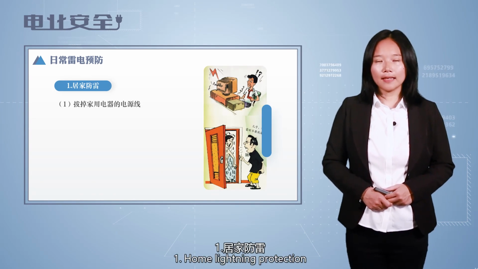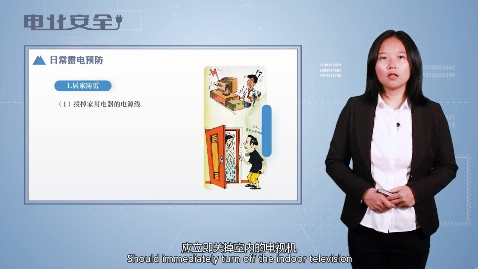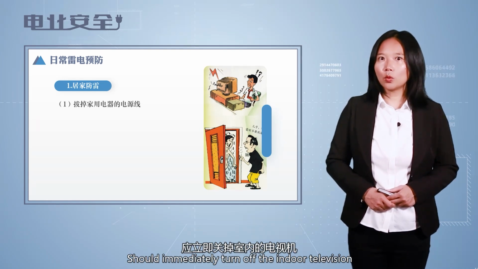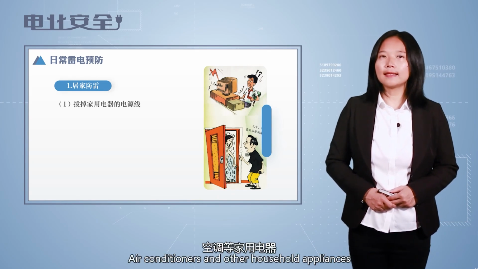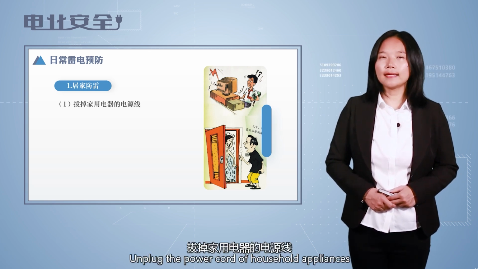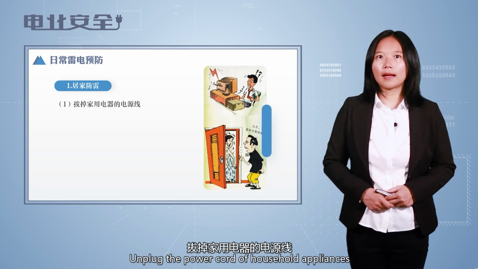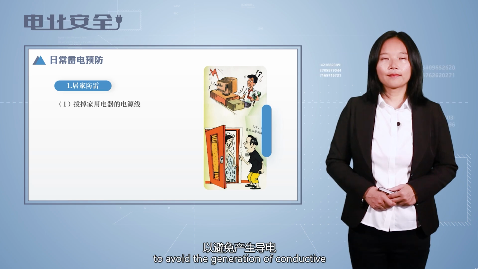Fourth, daily lightning prevention. First, home lightning protection. When there is lightning and thunder, you should immediately turn off the indoor television, recorder, stereo, air conditioners, and other household appliances. Unplug the power cord of the household appliances to avoid the generation of conductive current.